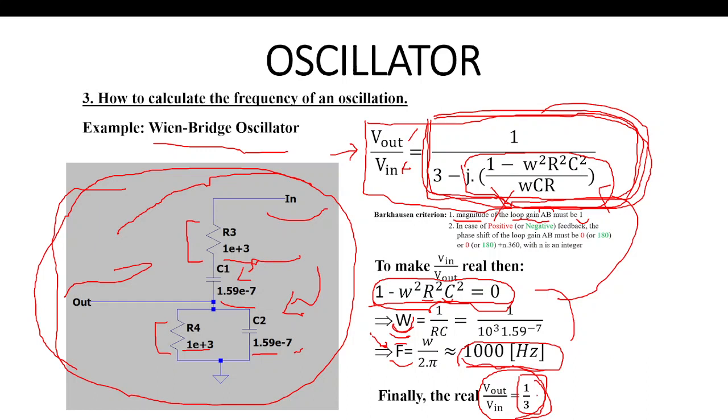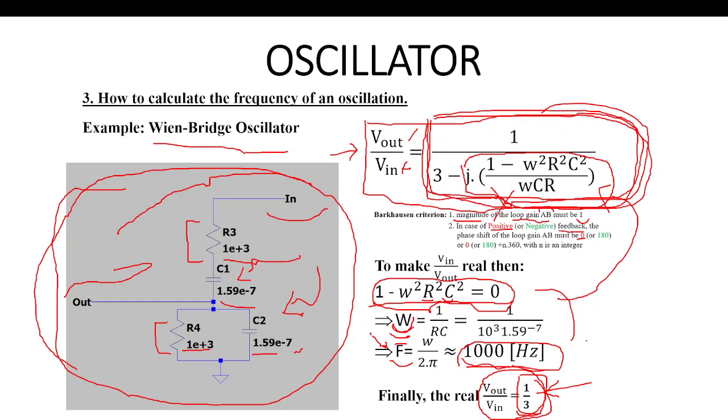And in order to make this one have the magnitude of 1, we only need to amplify the signal by 3. And because the number is already real, the phase shift of the loop gain can be 0. If it's 0, then we just need a positive feedback.